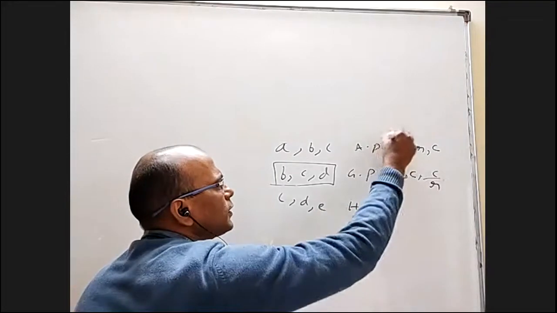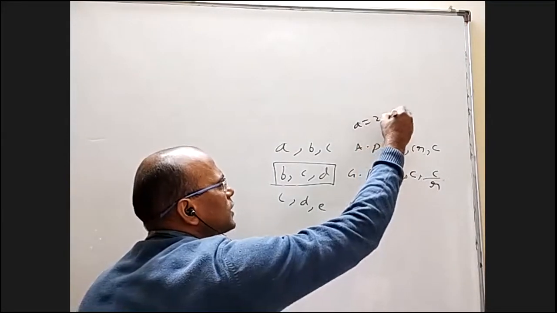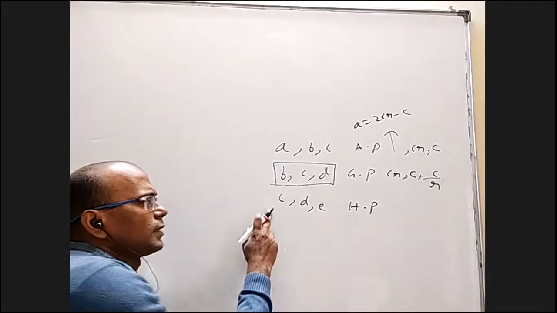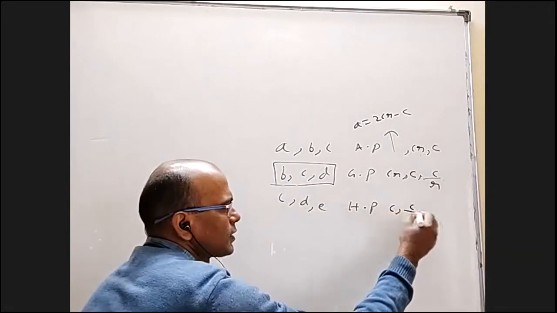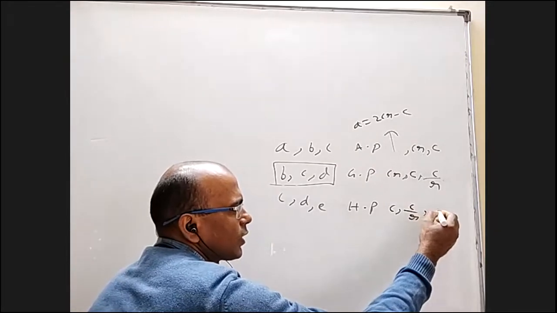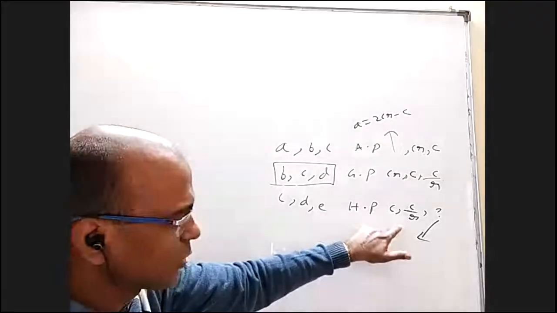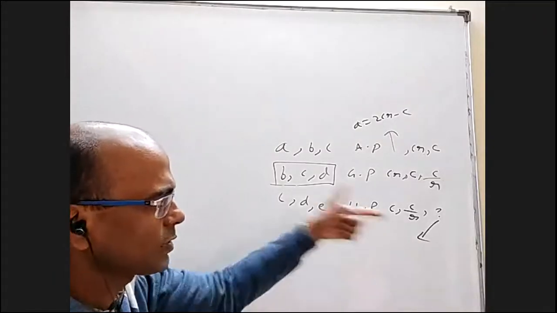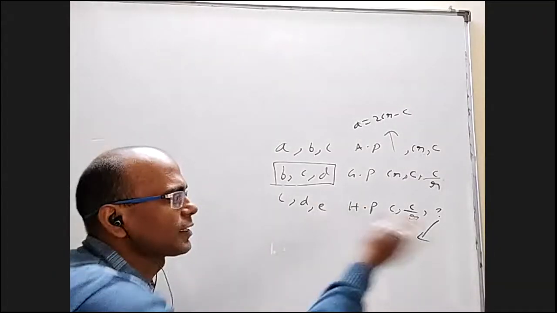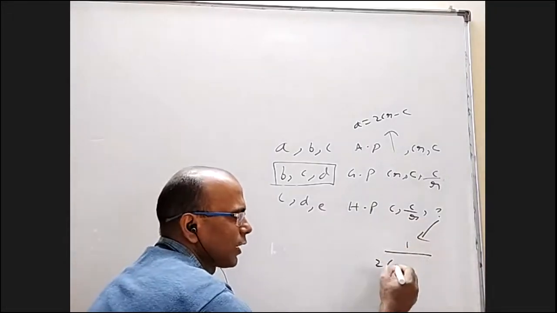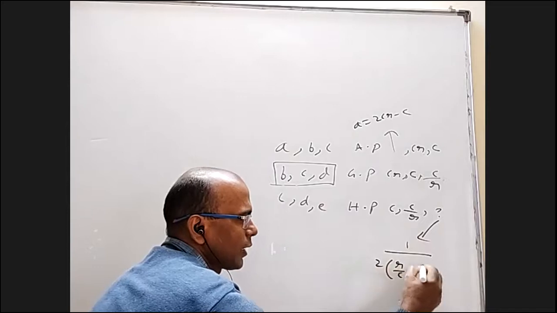So A should be 2CR minus C. Coming to this, this is C, this is C by R, and what is this? I have to take double of reciprocal of this minus reciprocal of this and then reciprocal of that because they're in HP. So I can easily write 1 by 2 times R by C minus 1 by C.